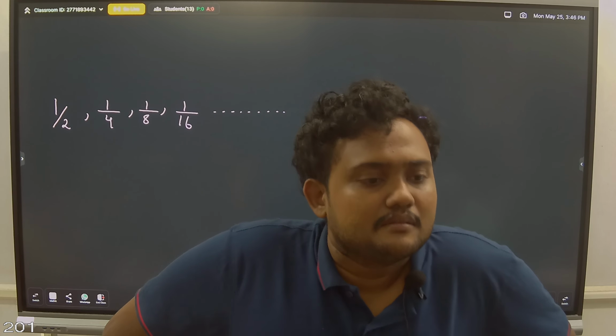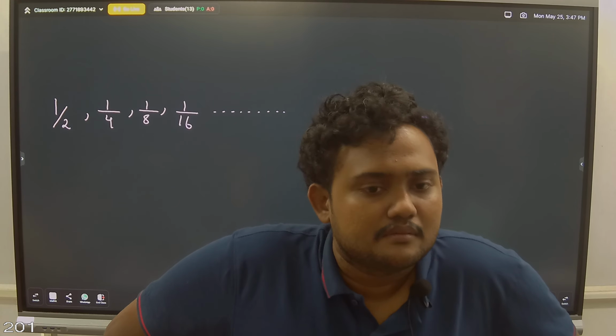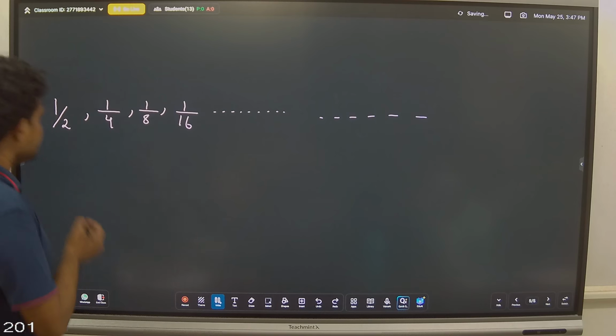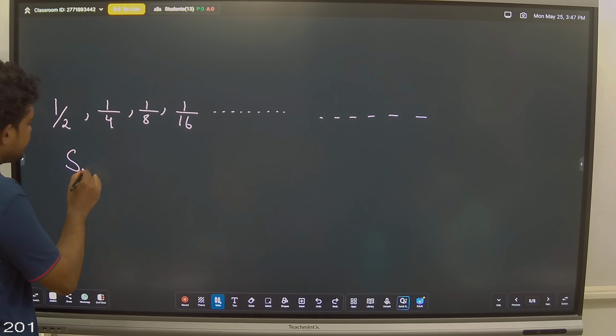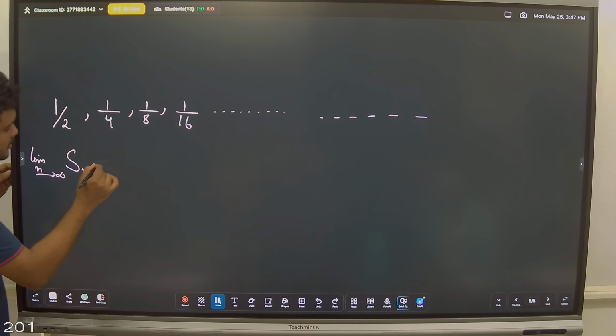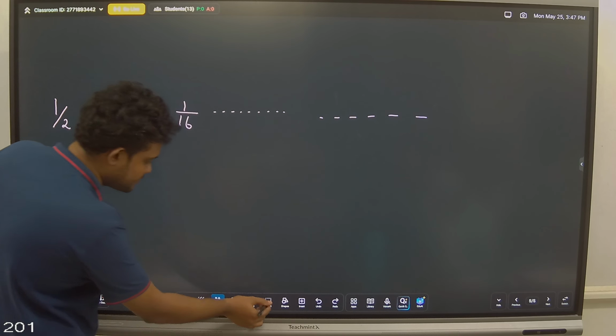What does that mean? So what actually means is that the sum of n terms has a certain function, right? The sum of n terms, limit n tends to infinity, is 1, right?